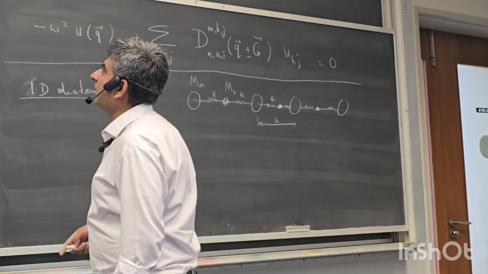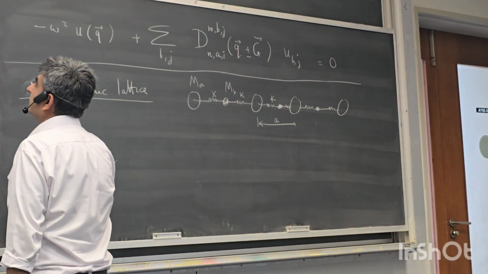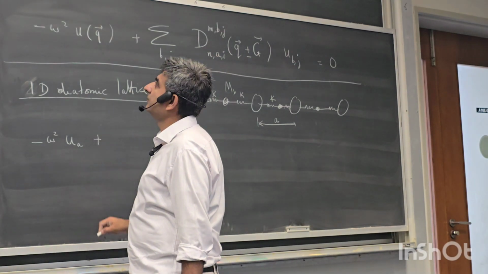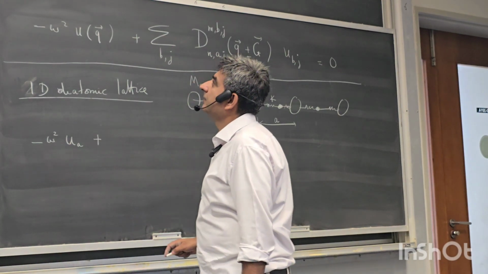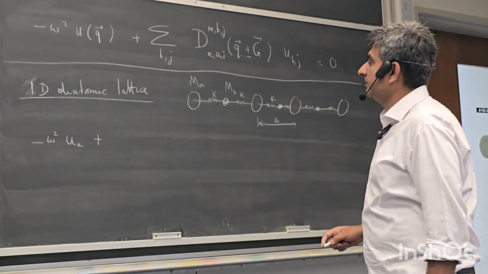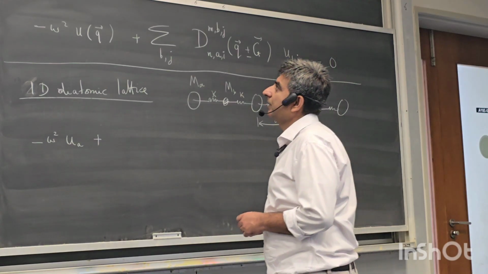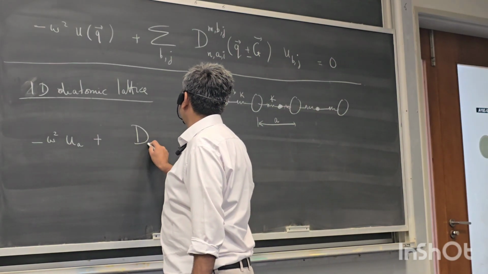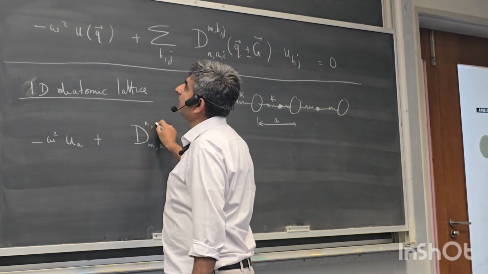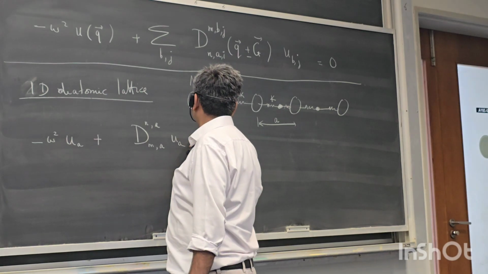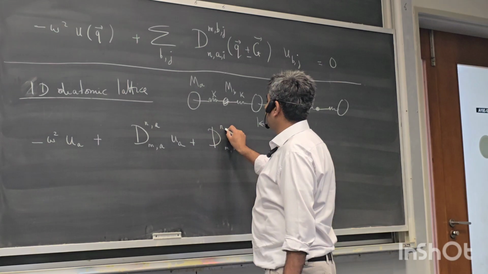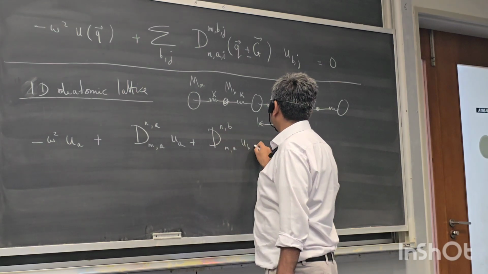So I can write minus omega squared U_A for the A atom, plus I need to sum over, so I have U_A and U_B, so I will write D_MN A U_A plus D_MA NB U_B is 0.